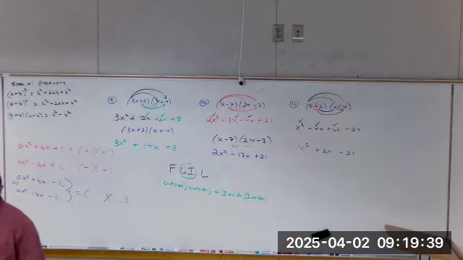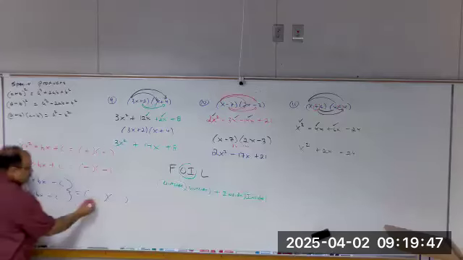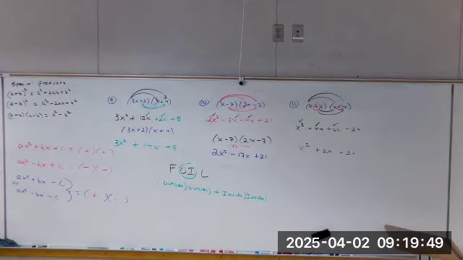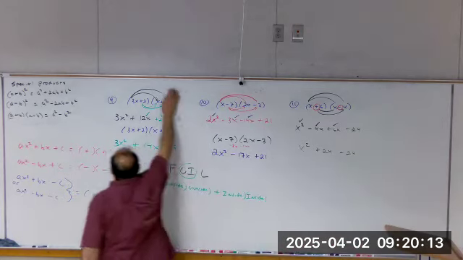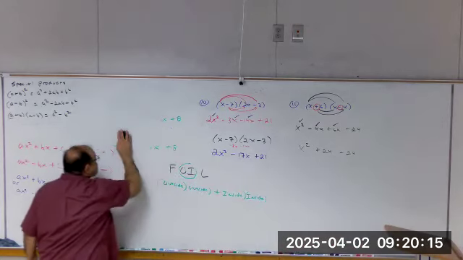The only way to get a negative last term is because the signs in the parentheses are different. So if it ends in a negative, we just need a positive and a negative. Those are the pieces we've got to figure out. Put up some problems that we want to factor.